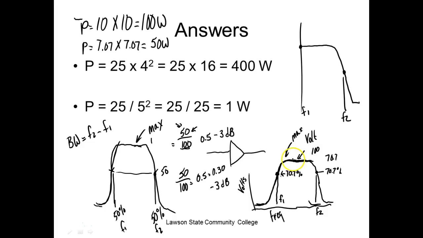All right. So let's do it over here with voltage. So here I'm starting off, I've got 70.7, that's my half power point. I'm putting this over 100. Now that's 0.707. All right, you understand that? Are we okay? Take the log of that, right?